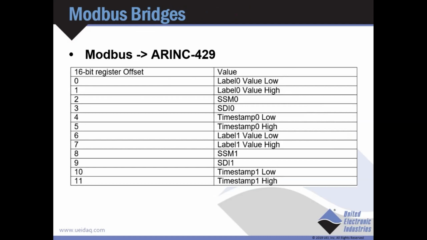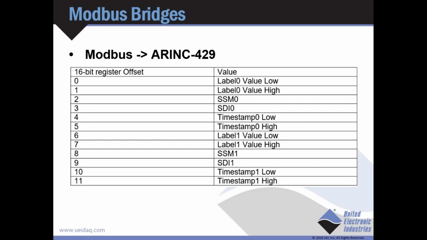We had a previous masterclass covering the ARINC 429 protocol. I'm not going to go into too much detail here, but the UEI Modbus server does support ARINC 429, and this is an example of the input side. We filter on a specific label and put the data into 2 contiguous registers, low and high.